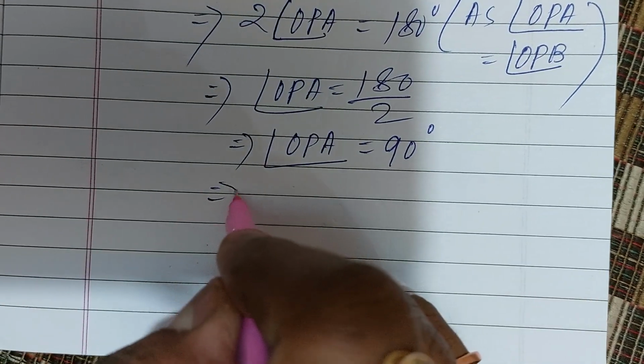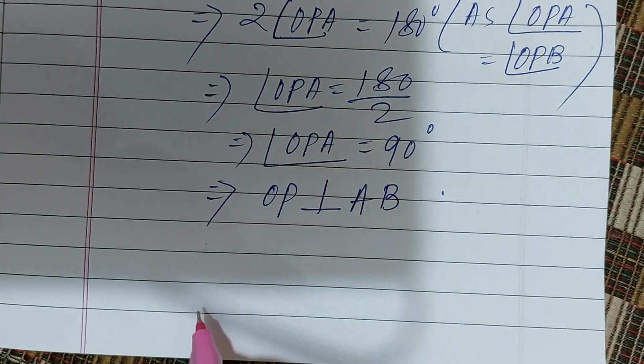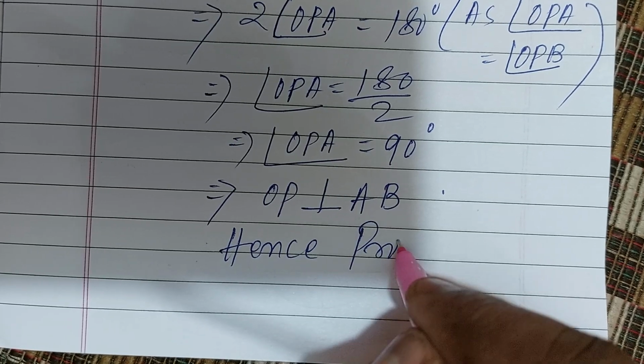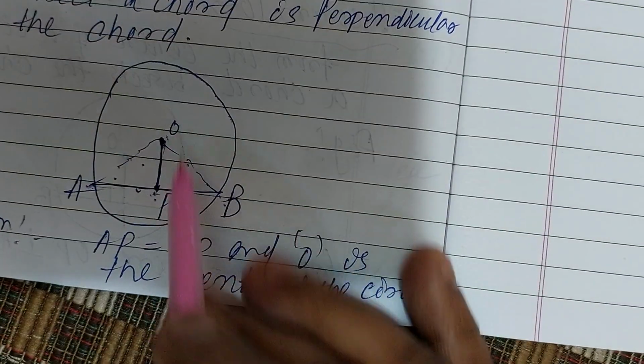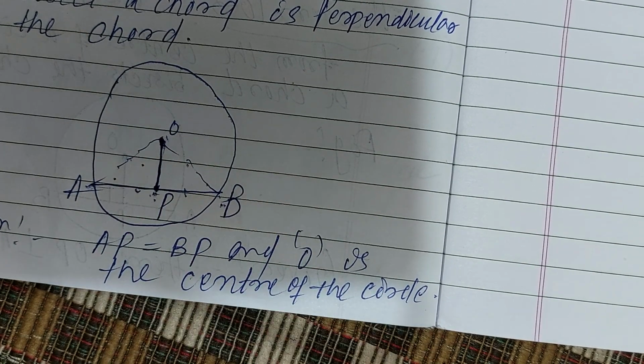That implies OP is perpendicular to AB. So hence proved. We conclude that the line segment joining the center to the bisected chord is perpendicular to the chord.